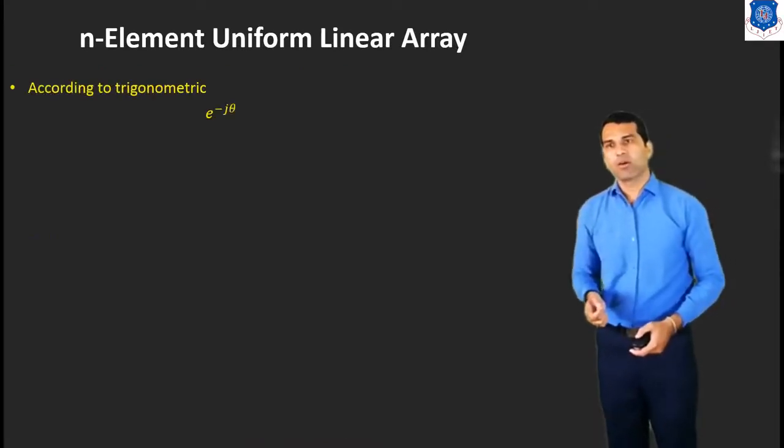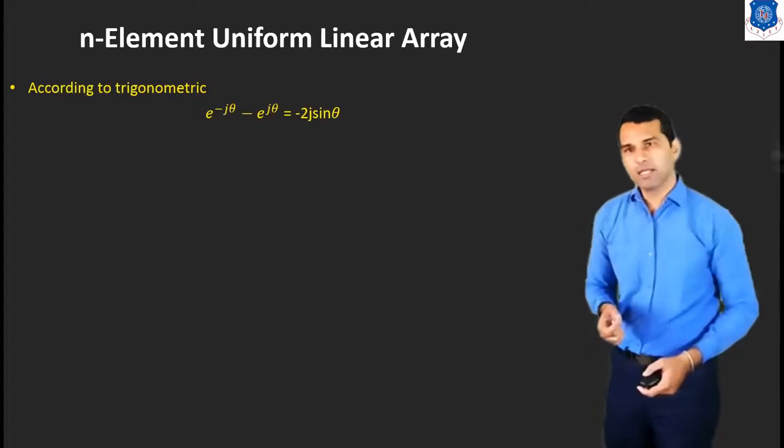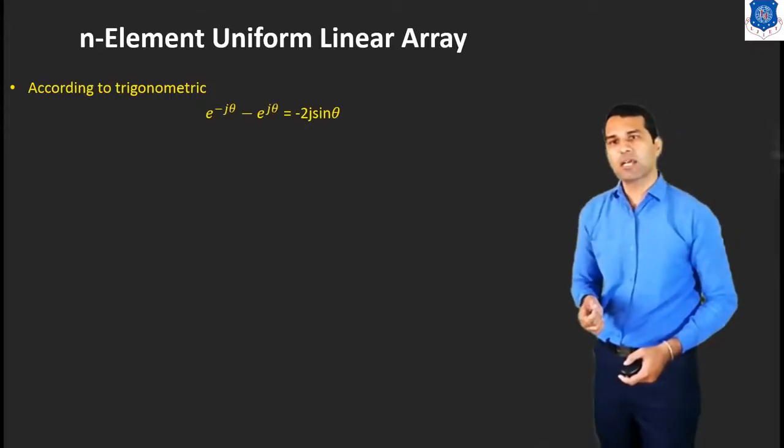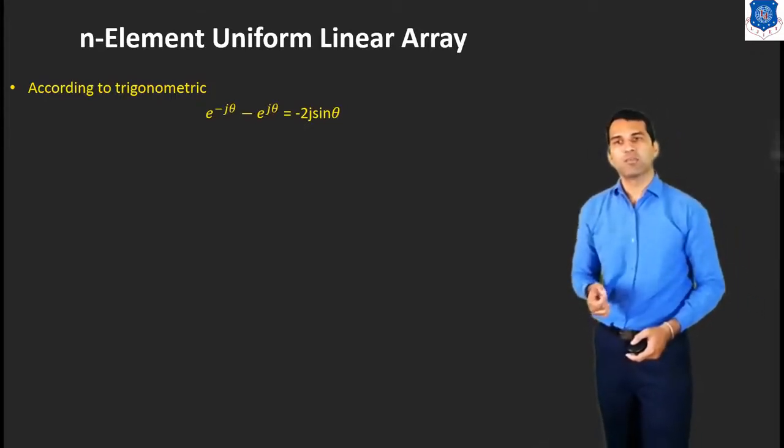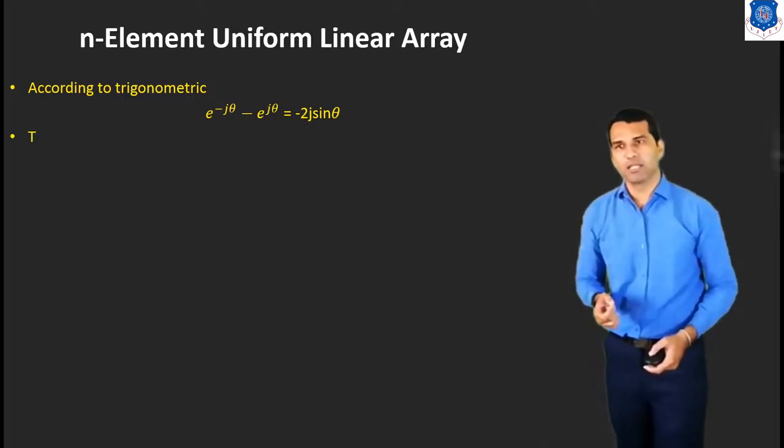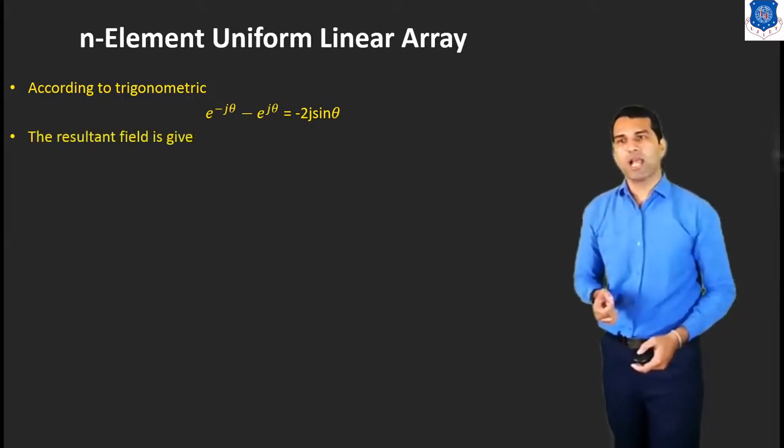According to the trigonometric identity, e raised to minus j theta minus e raised to j theta is nothing but minus 2j sin theta. So now we use this identity.